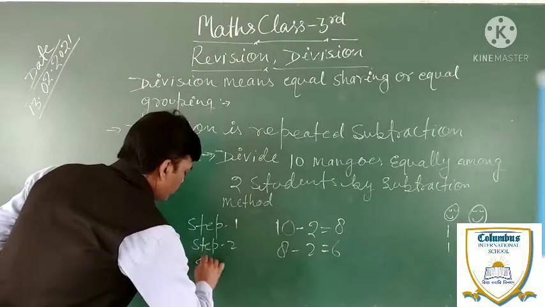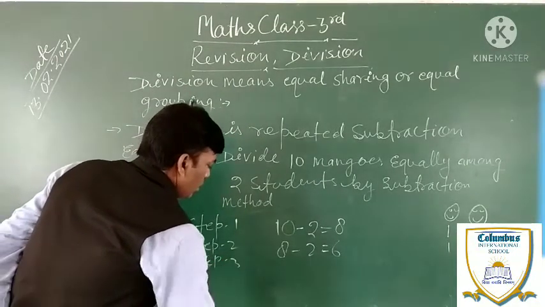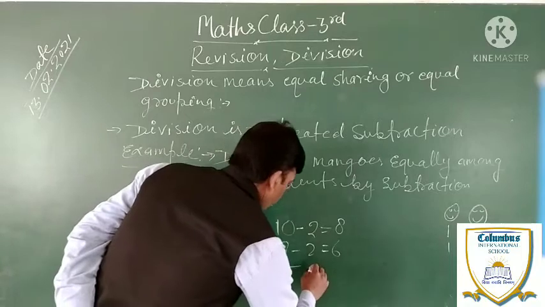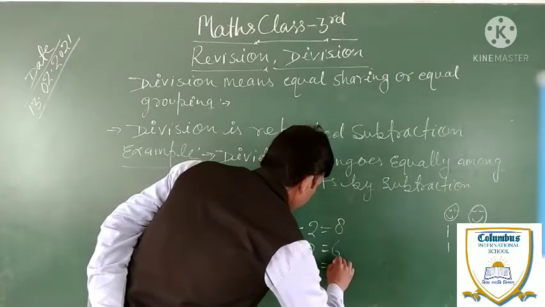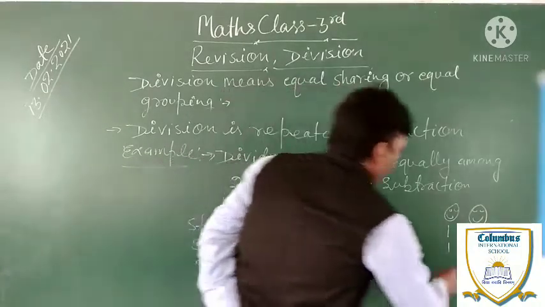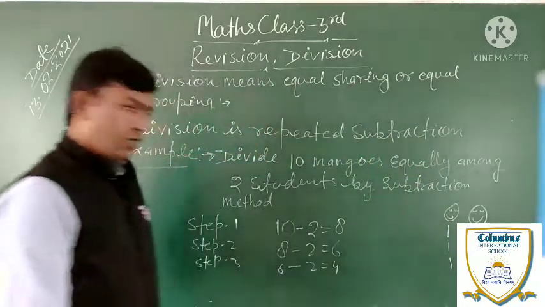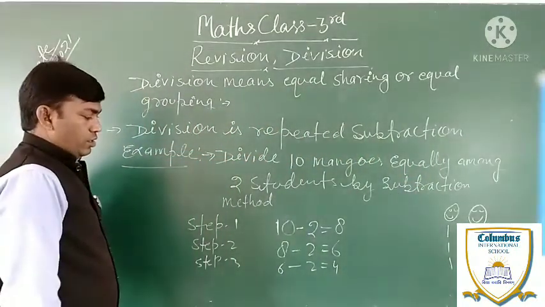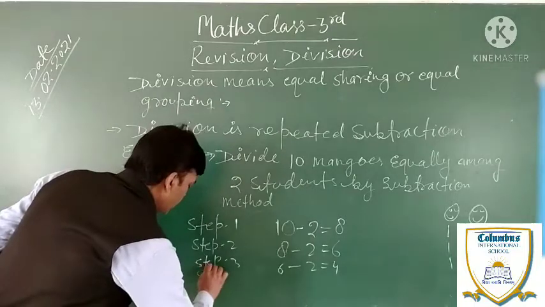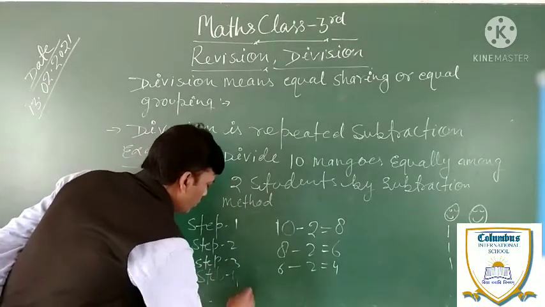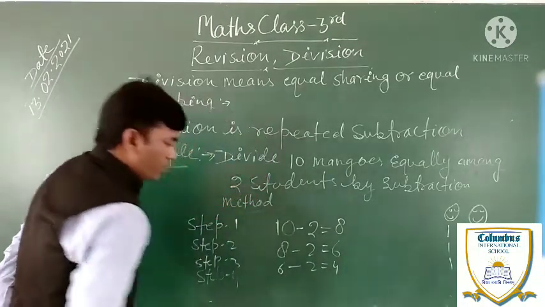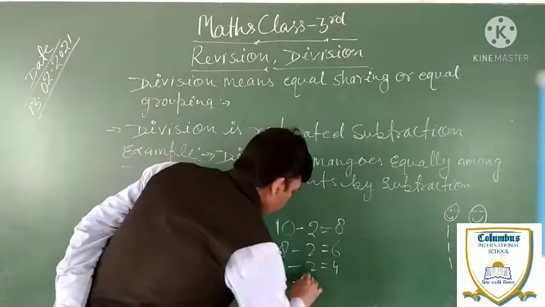Again, step 3. I will give 1 mango to each student. Then I have 4 remaining. Okay. Again, next step, step 4.